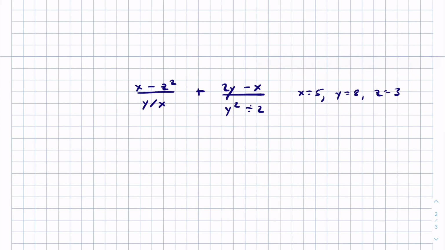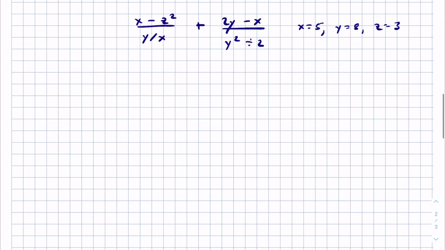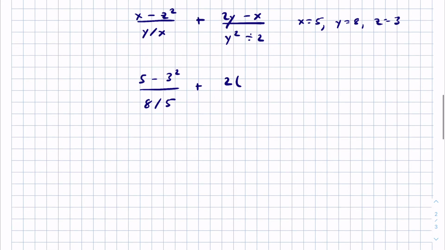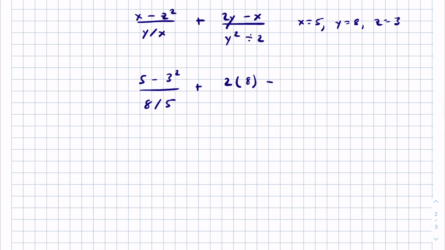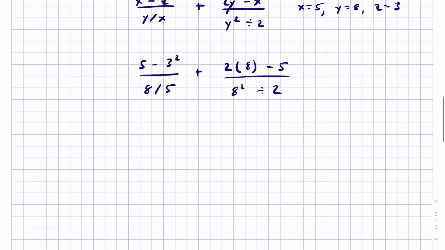This is our original condition, x equals 5, y equals 8, and z equals 3. And we plug this in. So then we have 5 minus 3 squared, over 8 divided by 5, plus 2 times 8 minus 5, all over 8 squared divided by 2.